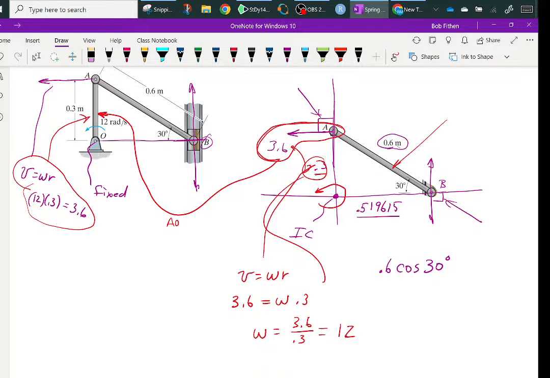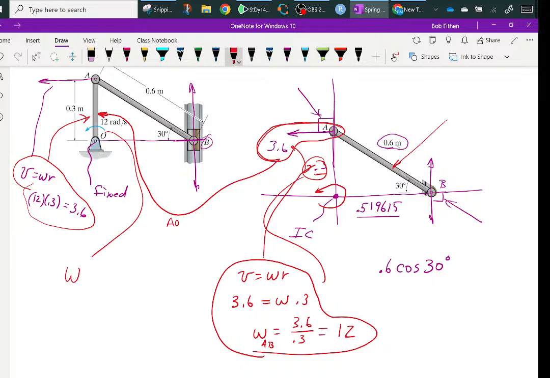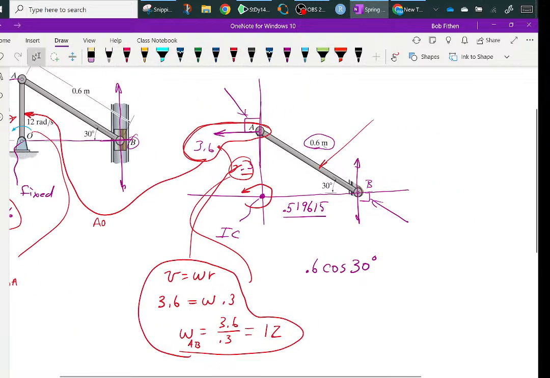So if that's the case, in this link here, and I better start putting subscripts, omega AB, and this one is omega OA. So they are different, but it just so happens in this problem they're the same. I need to go work another problem after this.